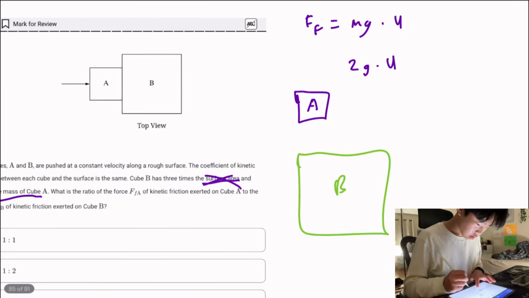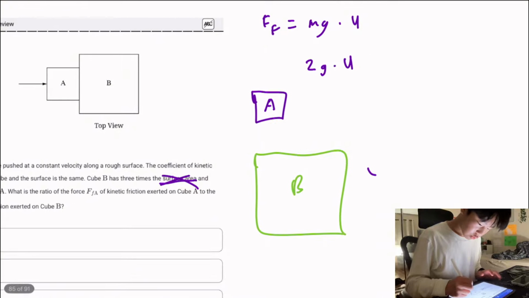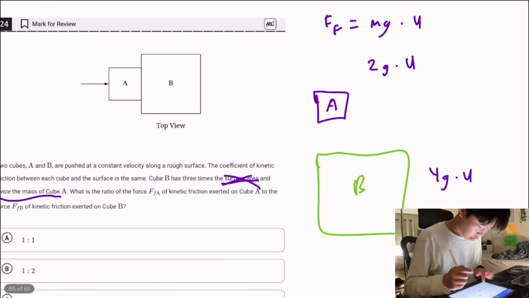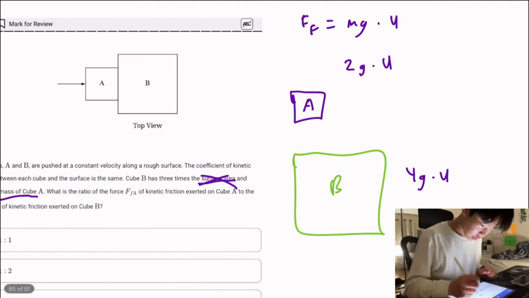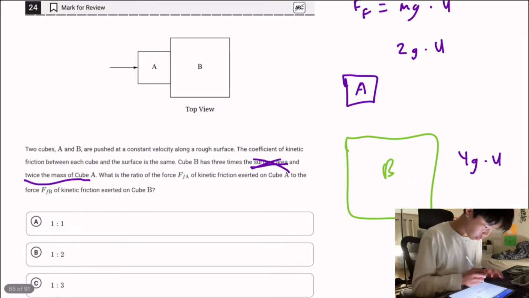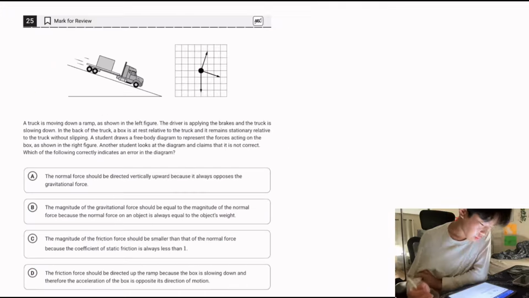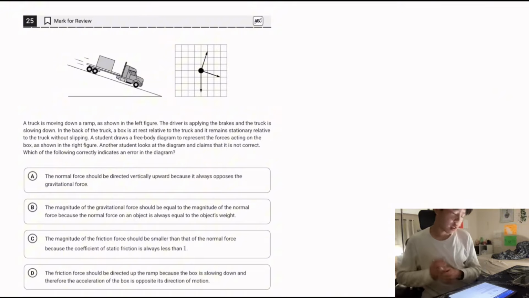This one's going to be, let's just say, 4g times mu. So it's going to be twice as big, so the ratio is 1 to 2. That's our answer.